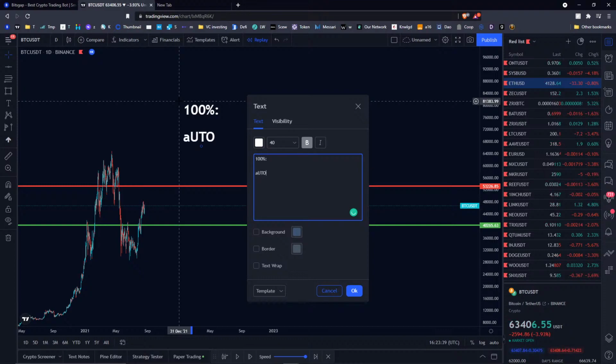So automated bots, it's 50%. Why 50%? Because automated bots can significantly minimize your loss in case the price is falling. So if you were wrong about the price direction and the price is falling, automated bots can significantly minimize the loss.